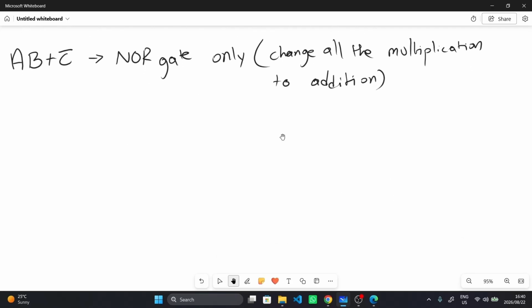So now we only work with NOR gate only. So again, we have this equation A, B plus C naught, and we follow the same process where we have A, B plus C naught, and we put a line on top of it, right? 2 lines, correct?